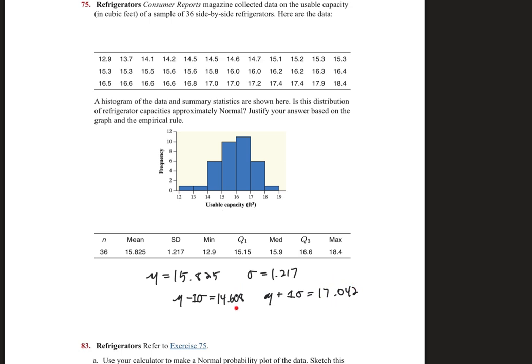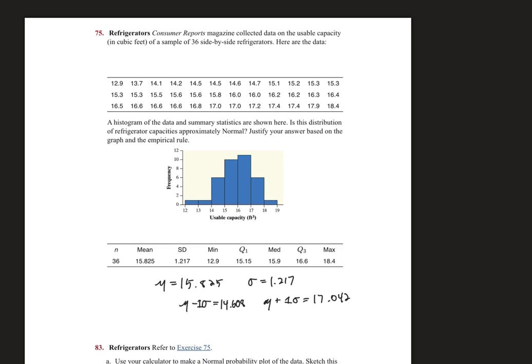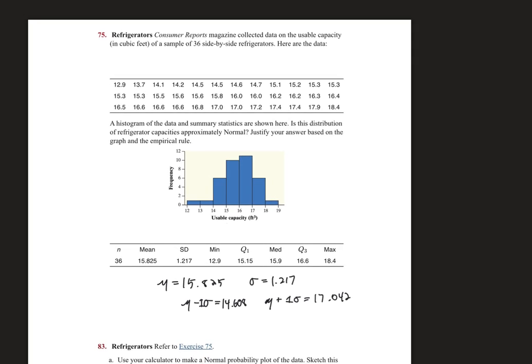So that means 68% of the data should be in between these two numbers, within one standard deviation of the mean. Let's see how many values are in between. They were nice, they put these in order. So let's look at all the values greater than 14.608, starting at the top, up until 17.042.